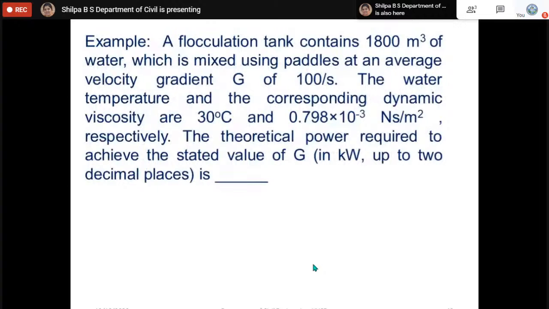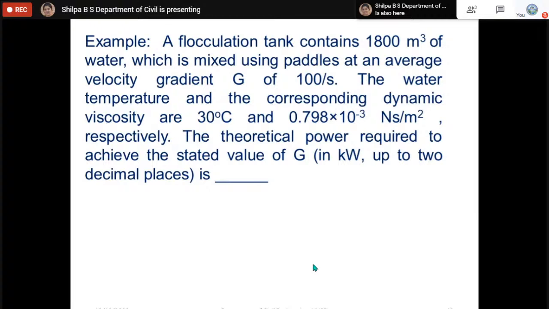There is one common problem on flocculation, that is the calculation of the power requirement. So I have taken one such example. A flocculation tank consists of 1,800 meter cube of water, which is mixed using paddles at an average velocity gradient of 100 per second. The water temperature is 30 degrees and the corresponding dynamic viscosity is 0.798 into 10 to the power of minus 3 Newton seconds per meter square.